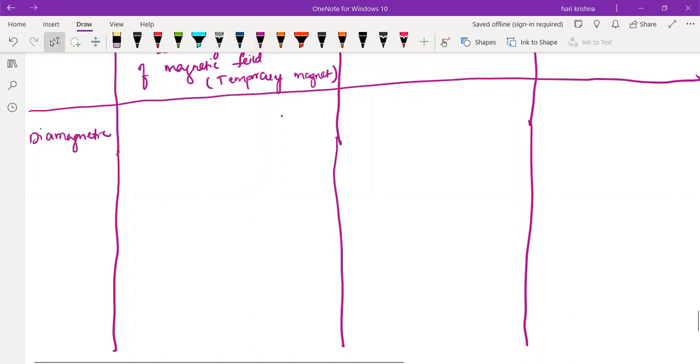Good, Vishwanath. Whenever all the electrons are paired up, it will show diamagnetic behavior.